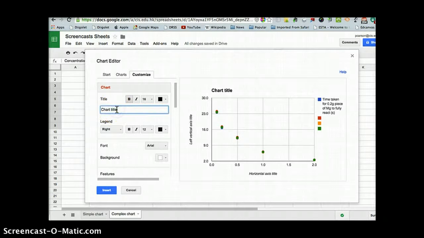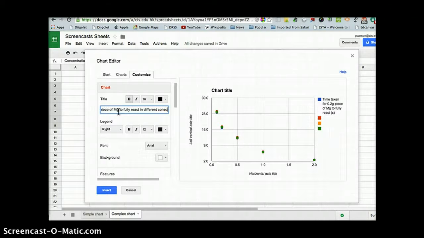And this was about, if you remember, the time it takes for a piece of Mg, magnesium, to fully react in different concentrations of hydrochloric acid, wasn't it?